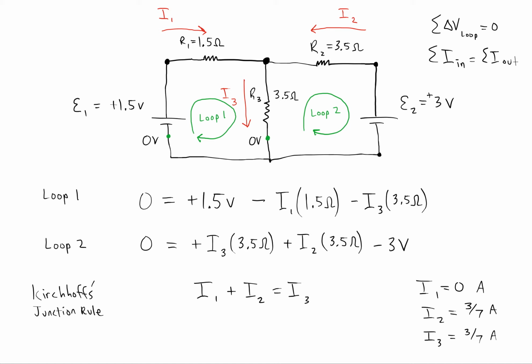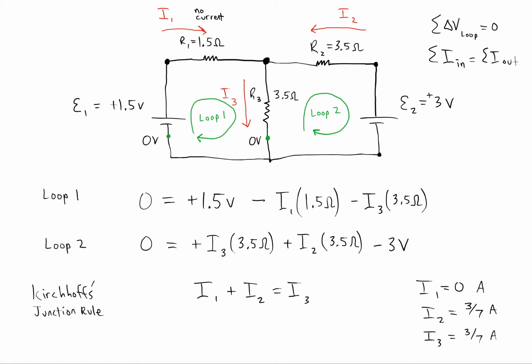All right, so if I1 is 0 amps, that indicates no current through that resistor. And it's telling me that I2 is the same as I3.